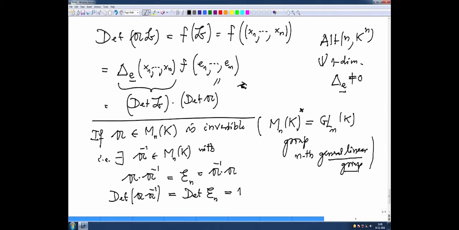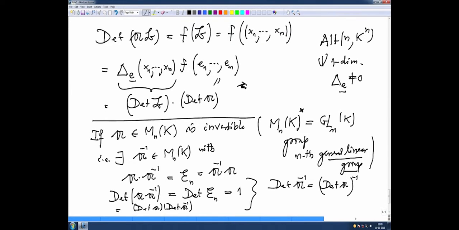On the other hand, this product is the product of the determinants. Therefore, altogether this is an equation in the field. Therefore, we get a nice formula: determinant of A inverse equals determinant of A, inverse.